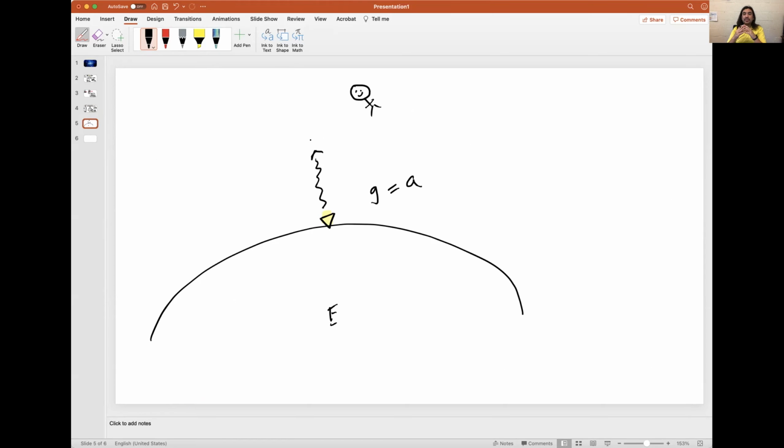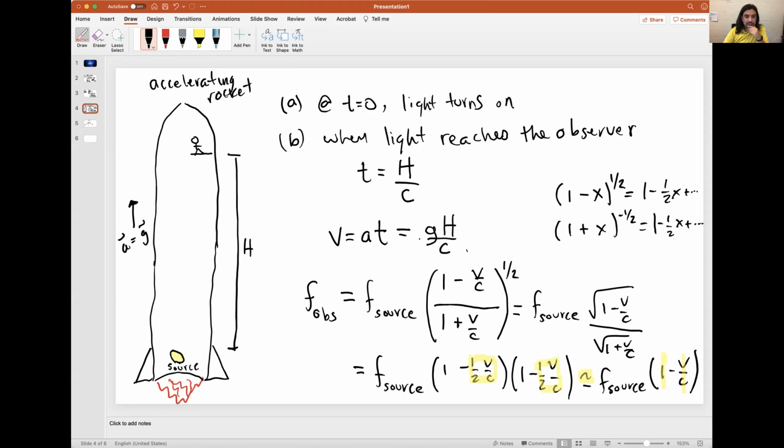Can you make an object so massive that its gravity changes the frequency so much that the light is basically frozen, lower and lower in frequency, until it cannot even escape the object? Does that make sense?